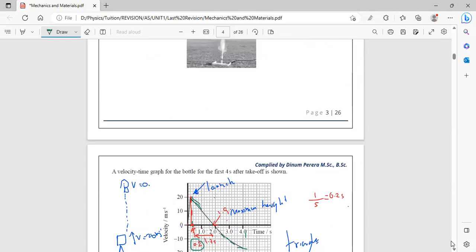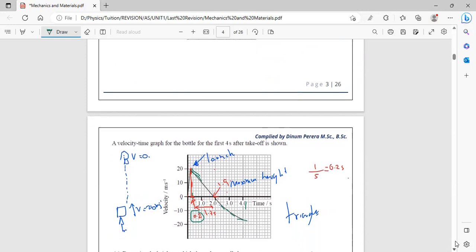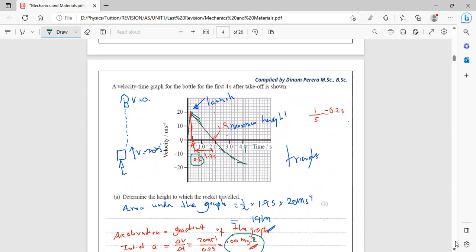A velocity time graph for the bottle for the first 4 seconds after takeoff is shown. Determine the height the rocket travels.